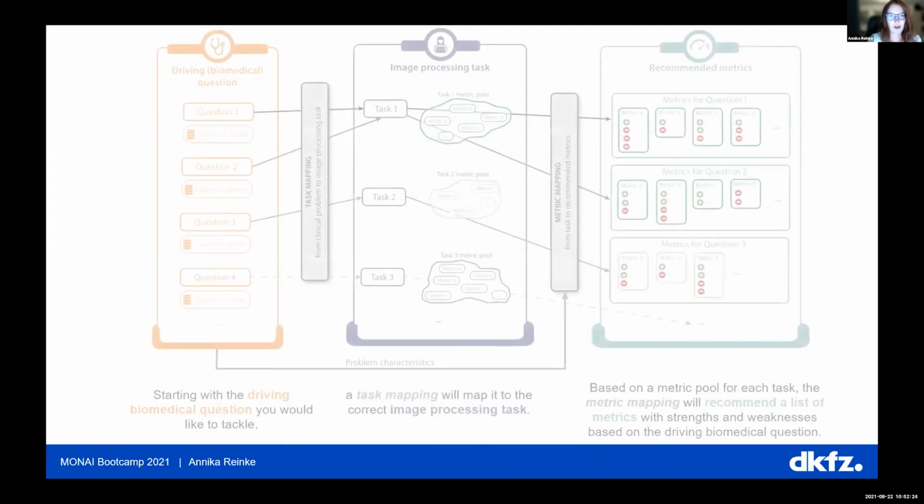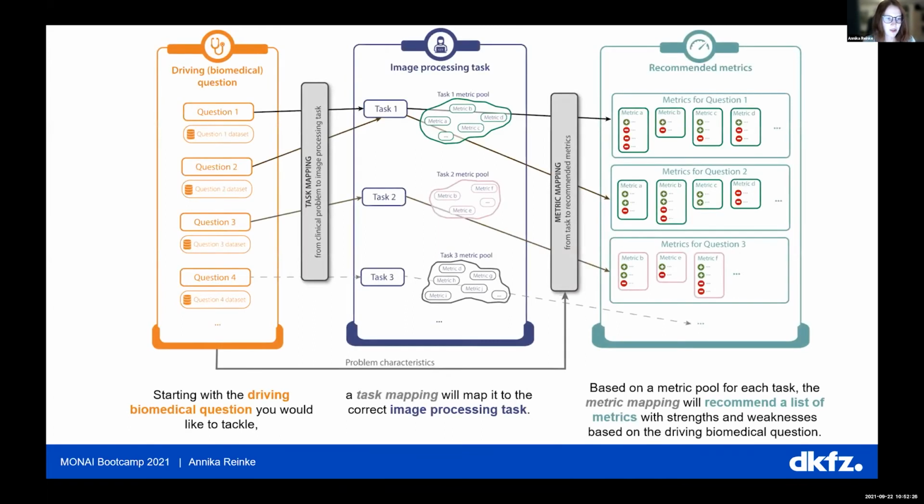So how does it look? We start with the driving biomedical question, the actual problem that we want to tackle, because this is very important to decide what we actually want to do. Then we continue with a task mapping that brings you from this question to the correct image processing task from the four tasks I just presented.